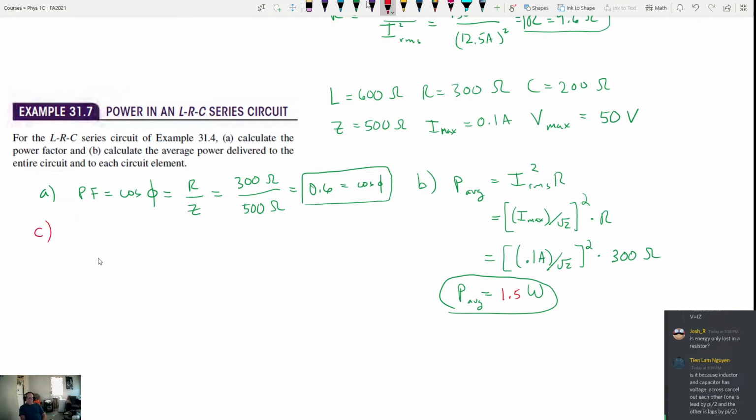So part C. Let's see. So our power factor is positive, right? Because the power factor is positive, we know in this case, can you all tell me? Let's see if you can figure this out. Is XL greater than XC or is XC greater than XL in this problem? So phi is positive, right?